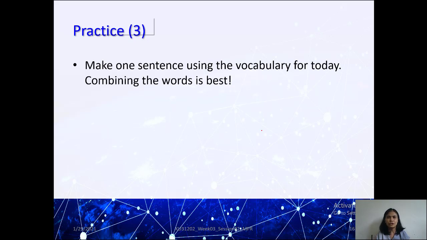So I want you to make one sentence using the vocabulary. If possible, try to be as creative as you can. Combine all these words into one meaningful sentence by also integrating the grammar that we discussed for today. That will be awesome. Okay, so that will be our final practice for this week, everyone.